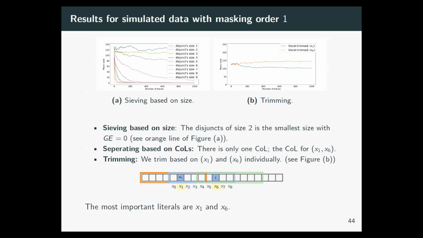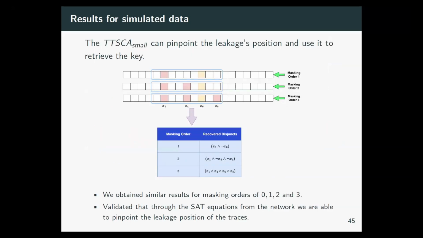You later mentioned that this was also working with the SAT, right? And with the SAT formulation, you go to the next slide and validate that yes, through the SAT equation from the network, we were able to pinpoint the leakage position of the trace. So that means what you're observing here is also matching with what you thought, like 100%.